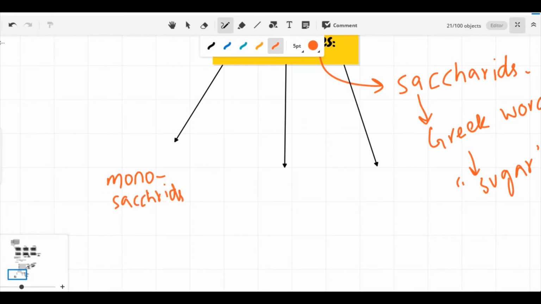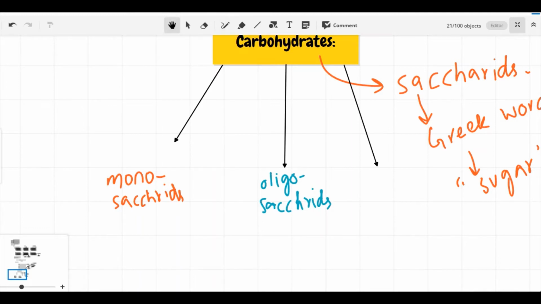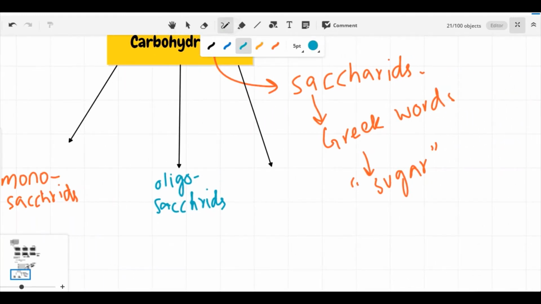The second group of the carbohydrate is known as oligosaccharides, while the third group of the carbohydrate is known as polysaccharides.